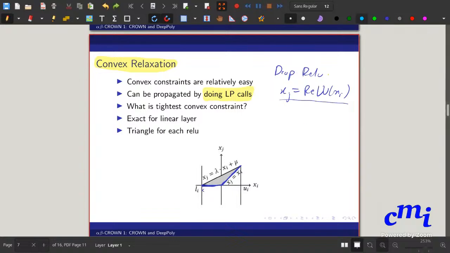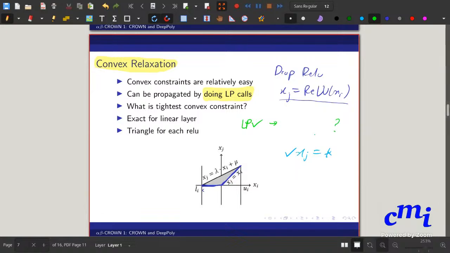We relaxed that to xj is star. This is possible for LP to handle, but it's too relaxed. So is there something in between these two things? Is there something here that is possible for LP to handle, but not as relaxed as just saying that xj is star, right? Is there something here of this nature?